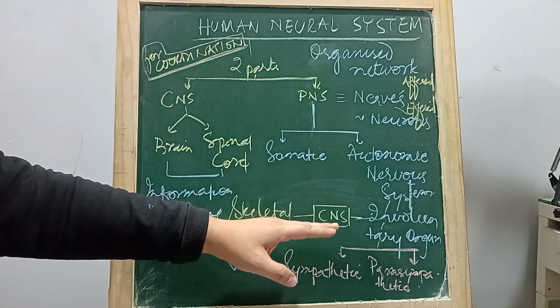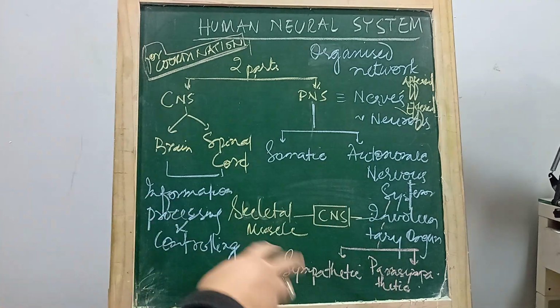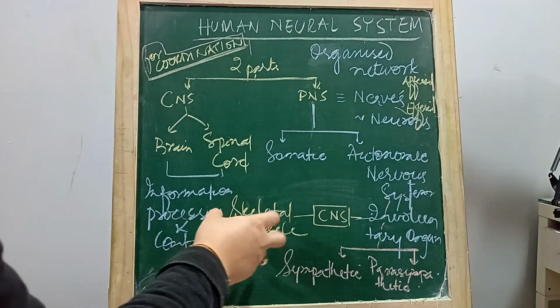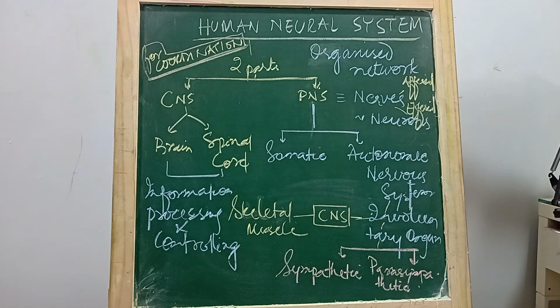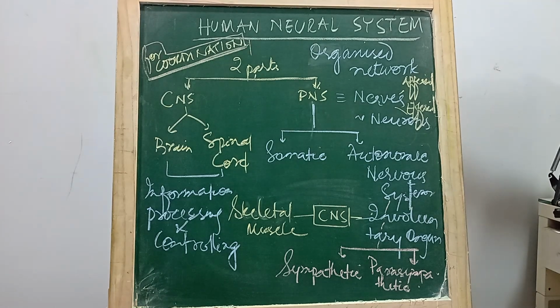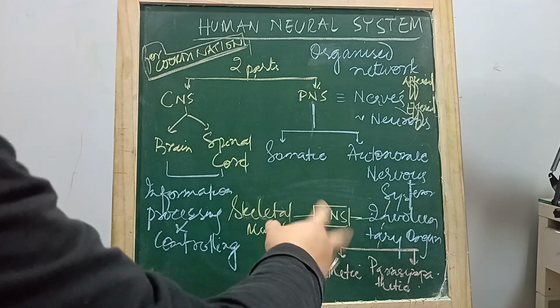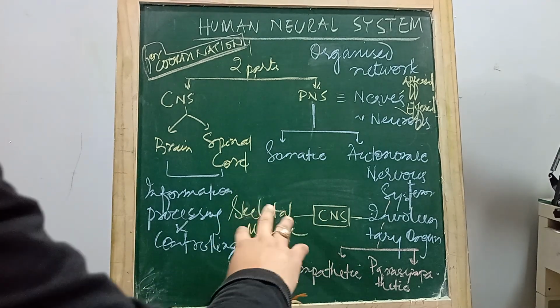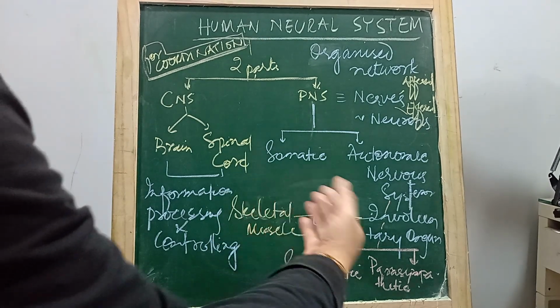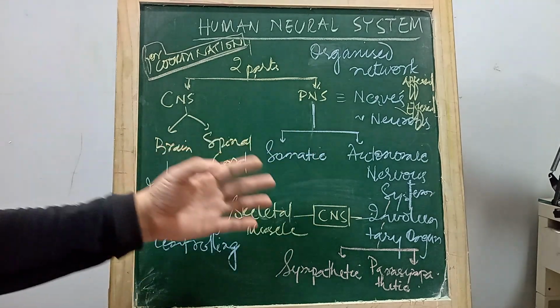If it is controlling the transmission of information or stimulus between the skeletal muscles and the central nervous system, which is a voluntary movement, that constitutes the somatic nervous system.